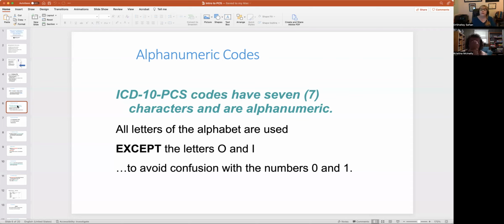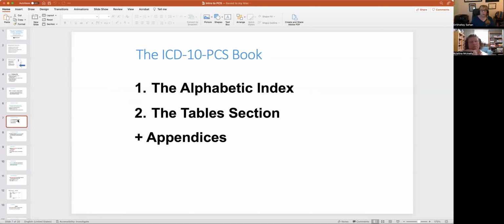So, very smart: no letter O, no letter I, only 0 and 1, and all the other alphabet letters. The American alphabet, by the way, just to confirm that.